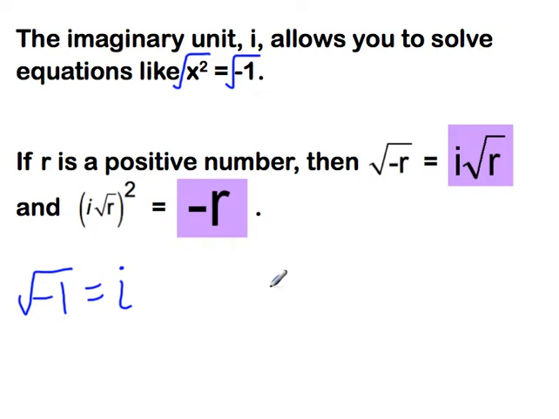So if you ever see i squared, let's think about if I were to square the square root of -1. i is the square root of -1, so if I were to square that, the square root and the squared cancel each other out and it would be -1. So i is the square root of -1. If you ever see i squared, you should change that to -1.